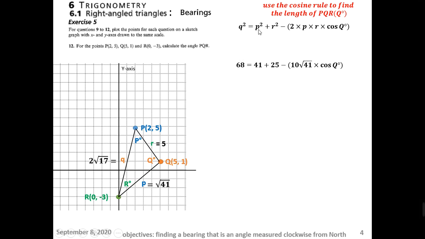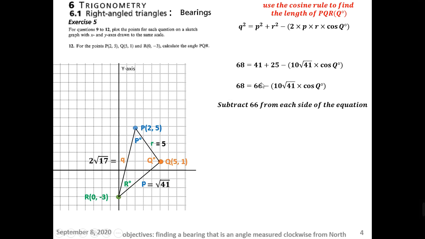Then P squared, P is square root of 41, so P squared is equal to 41, and R squared is 5 to the power of 2, which is 25. Then it's going to be 2 times P, which is square root of 41, times 5. 2 times 5 is 10 square root of 41 times cosine Q. If you simplify 41 plus 25, it's going to be 66 minus, in brackets, 10 square root of 41 times cosine Q.